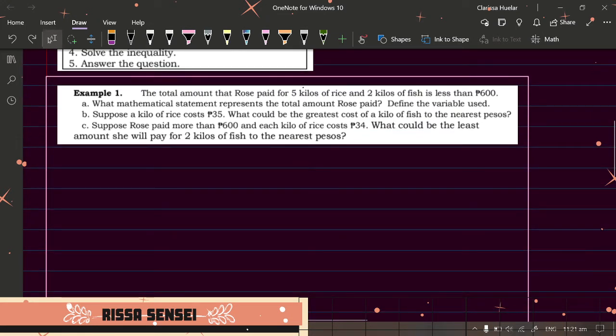Example number 1. The total amount that Rose paid for 5 kilos of rice and 2 kilos of fish is less than 600 pesos. So sana naiintindihan niyo itong isang sentence lang na ito. Pumunta ng palengke si Rose, bumili siya ng bigas, 5 kilo ng bigas at 2 kilo ng isda. At ang binayaran niya, or ang nagastos niya, ay mas mababa sa 600 pesos.